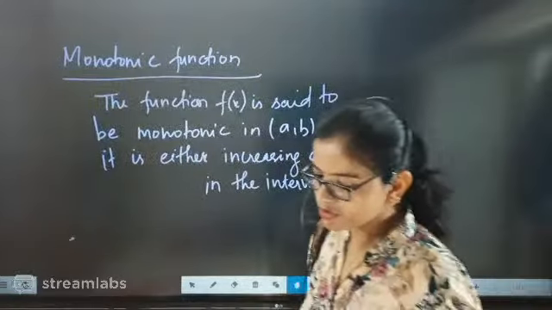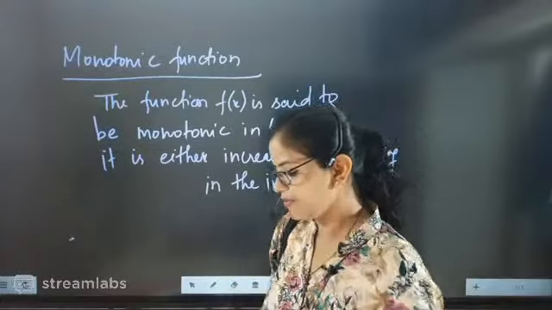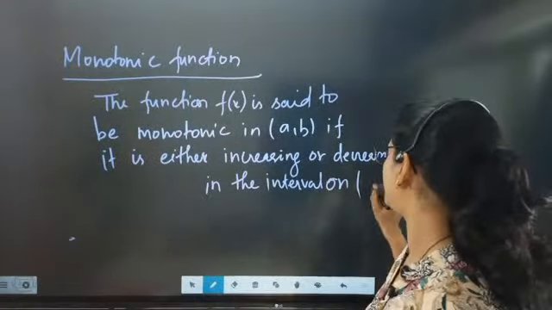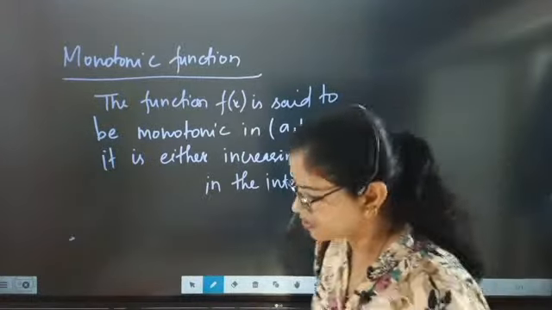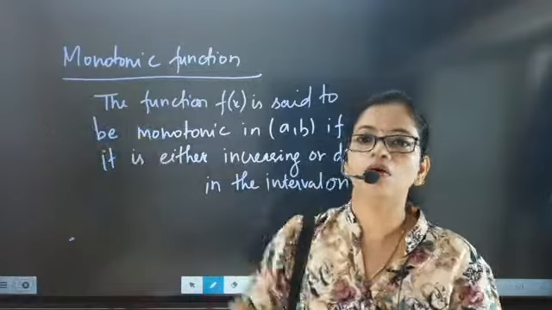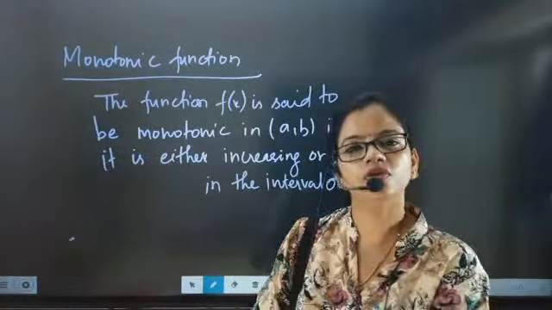See, what the monotonic condition is telling is: if it is either increasing or decreasing on AB. I am just adding the words on AB, meaning on the interval, if it is either increasing or decreasing, that means if it is strictly increasing or strictly decreasing, both cases are called a monotonic function.